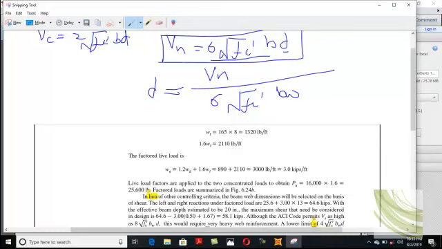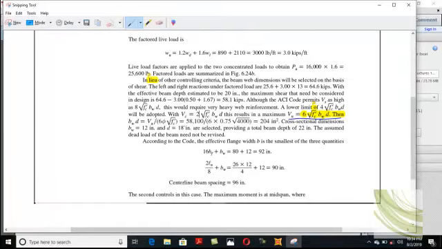Clear? Bw is given, that is 12 inches, and Fc prime is 4000, and Vn is the nominal shear, which you may consider 58, that is the critical shear VCR. So they consider VCR divided by 6 into 0.75.